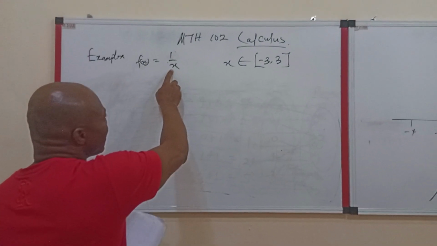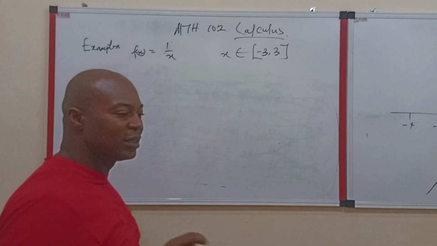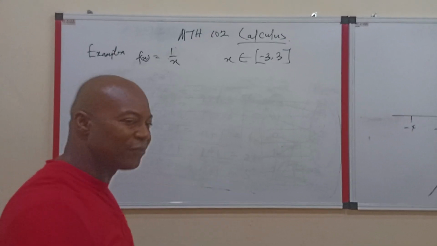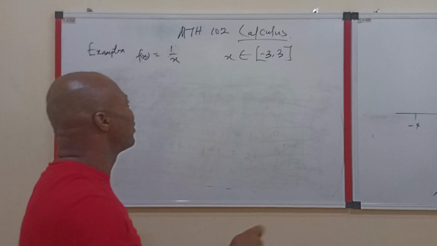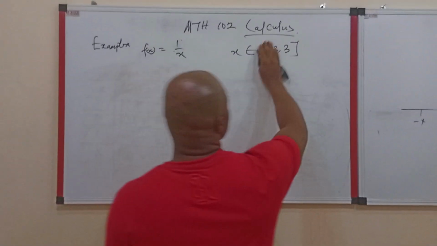And if you put 0 here, it will make this function undefined. The domain cannot take a number that will be undefined. So we cannot take this kind of domain.